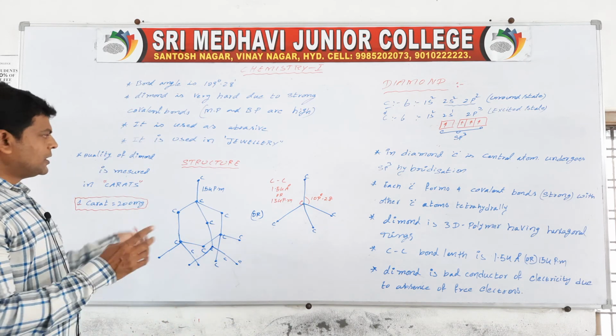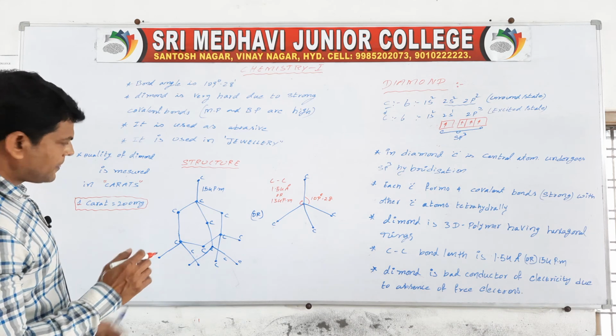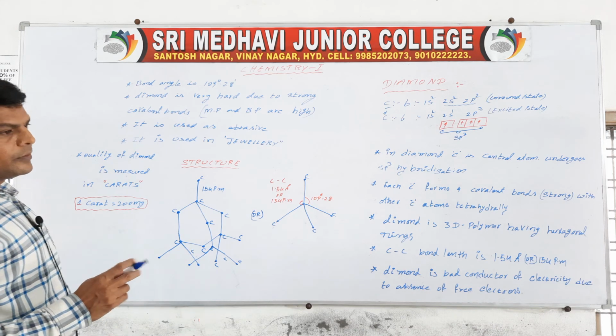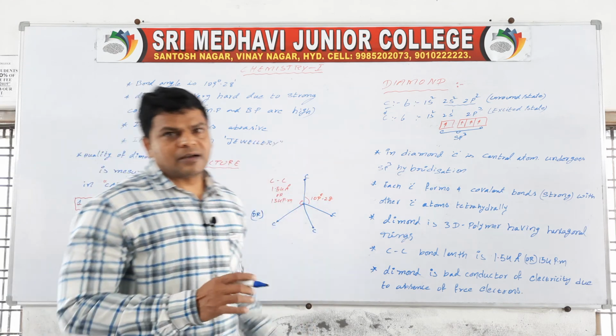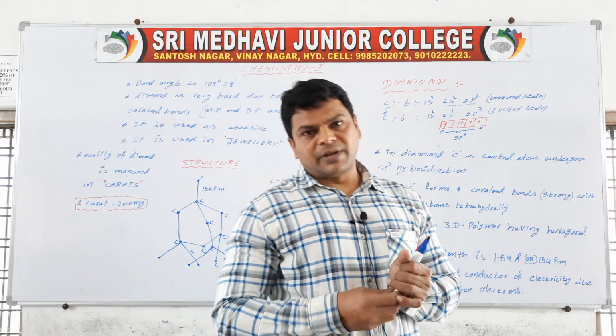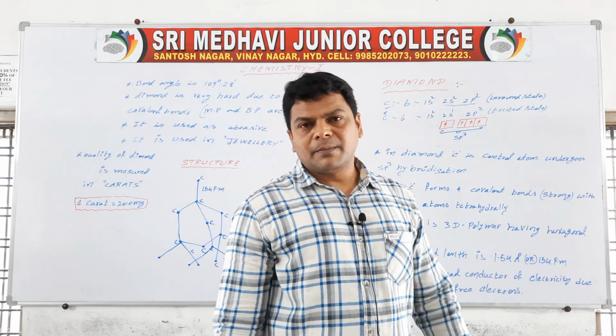Here you have to know the carbon-carbon bond enthalpy is 348 kilojoules per mole. So due to the very high bond enthalpy, breaking the carbon-carbon covalent bond is very difficult. So it has high melting points and boiling points.